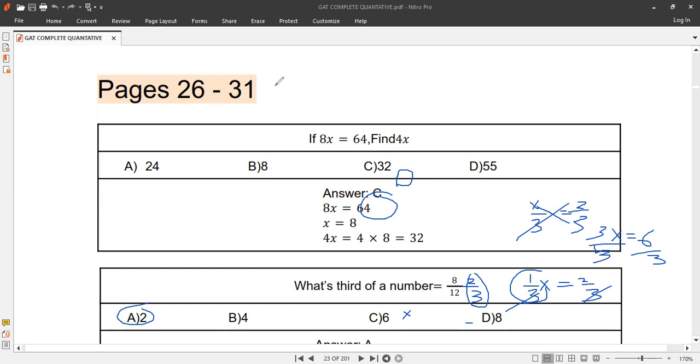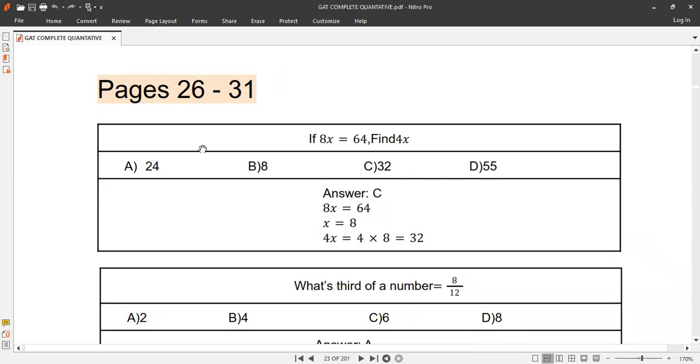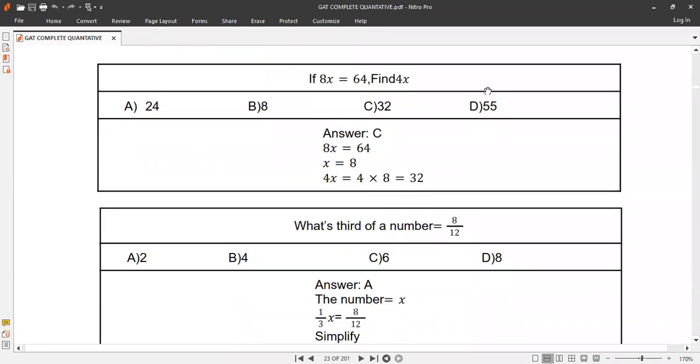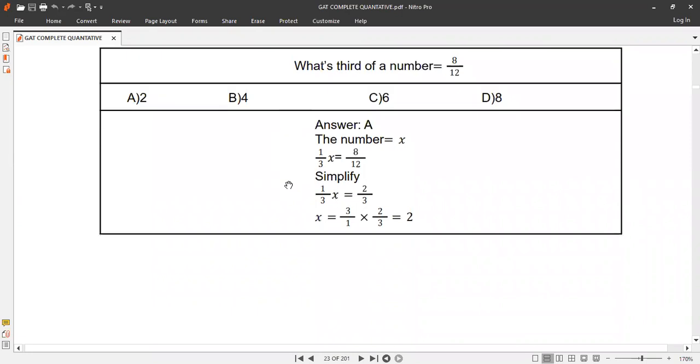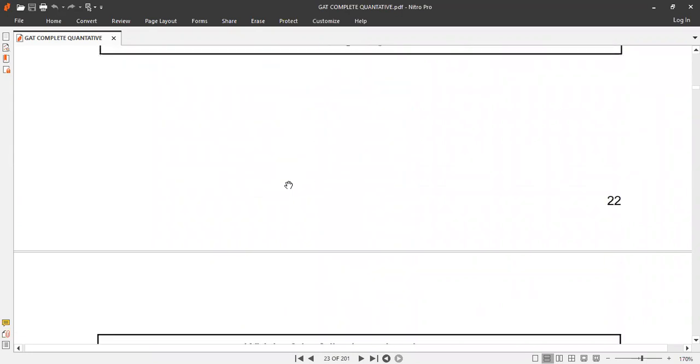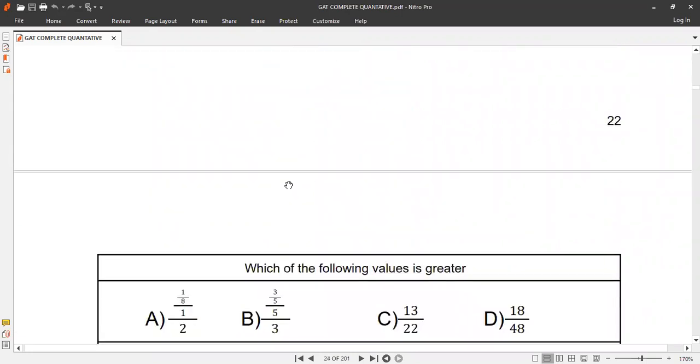Now, my friends, let's go to another question. Which of the following values is the greatest?